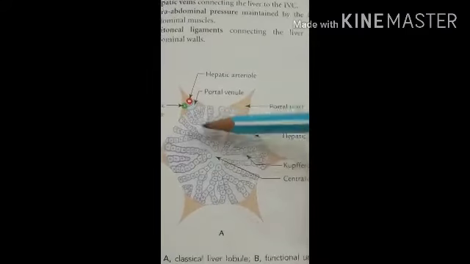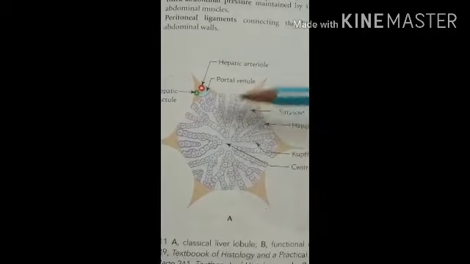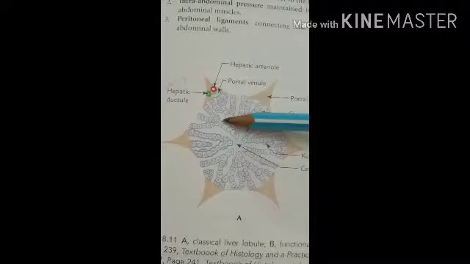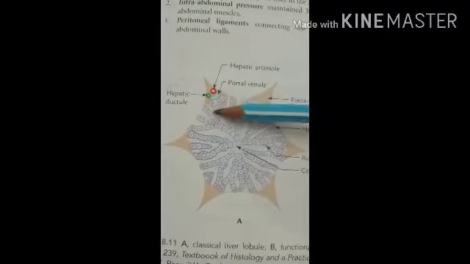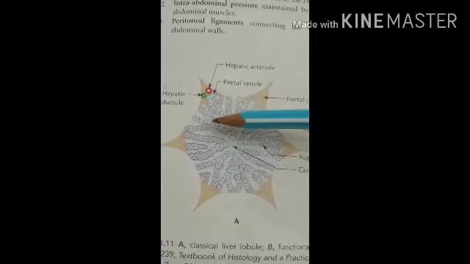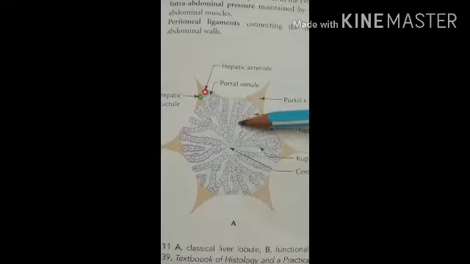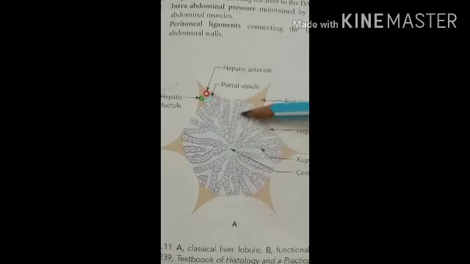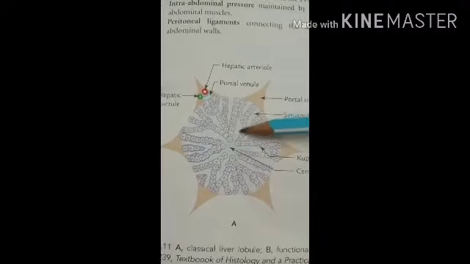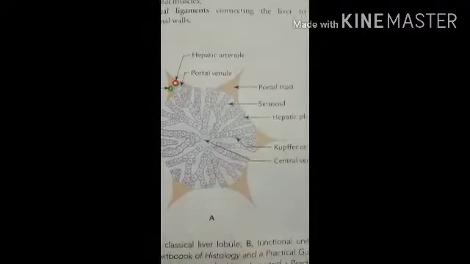The bile formed on the other side of the sinusoids is drained into the bile ductule. So this is the bile formation and draining, and the deposition of the nutrition present in the blood, while the deoxygenated blood goes into the central vein.